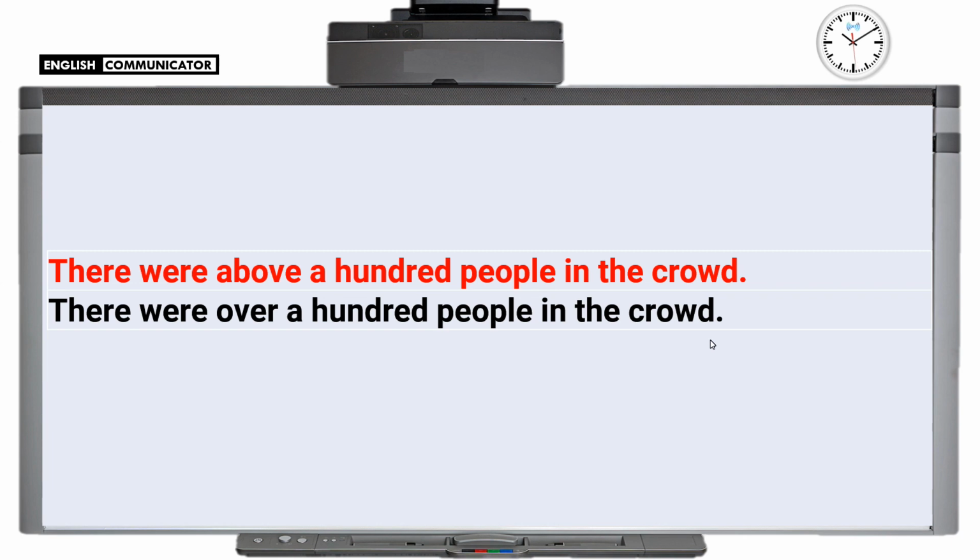You know why? There were above 100 people? No, there were over 100 people, over 1,000 people, over 500 people. So that's the difference. When there is a quantity, you should not use above 100 people. So you have to use over 100 people in the crowd.